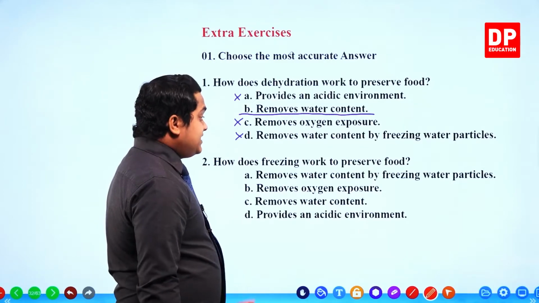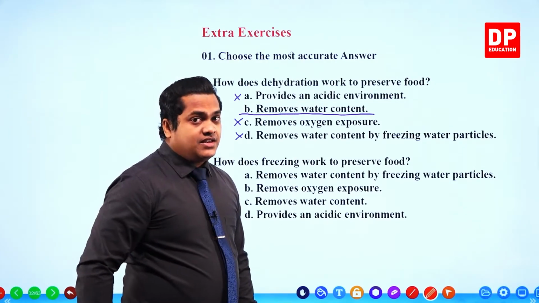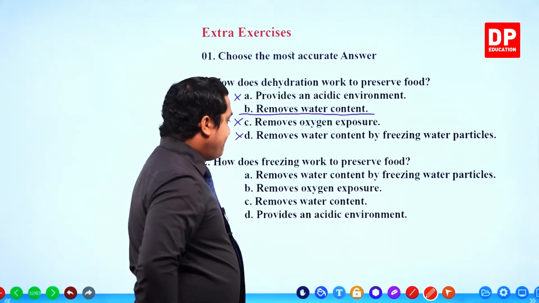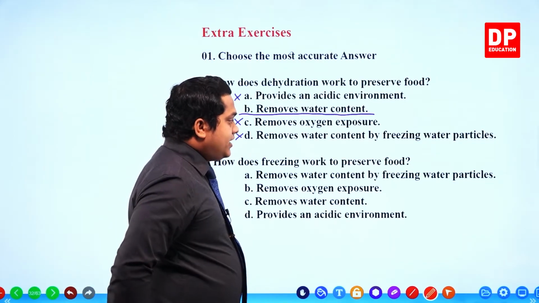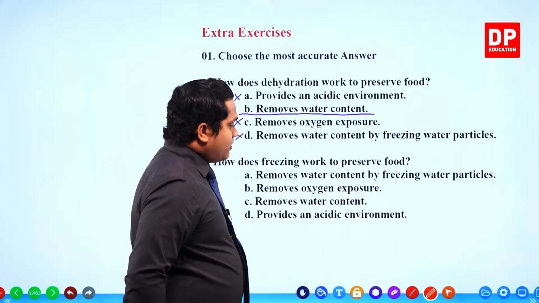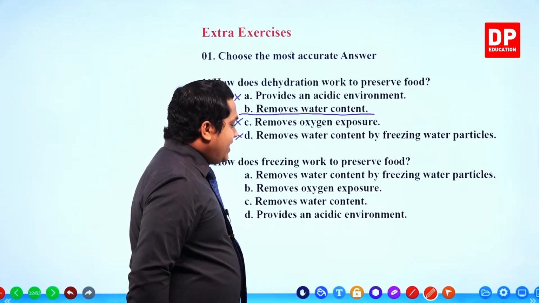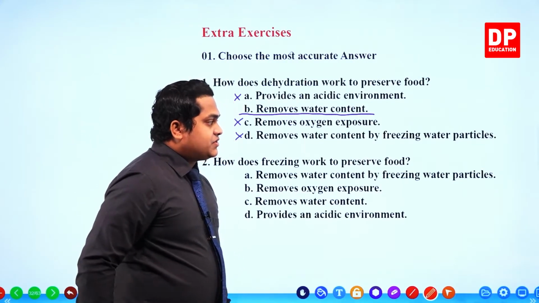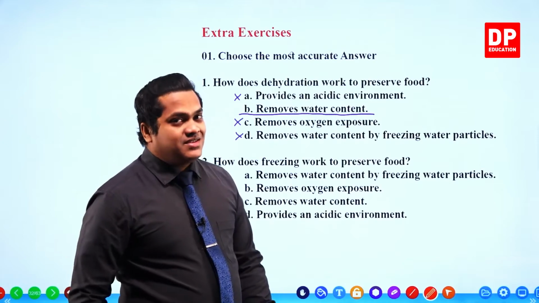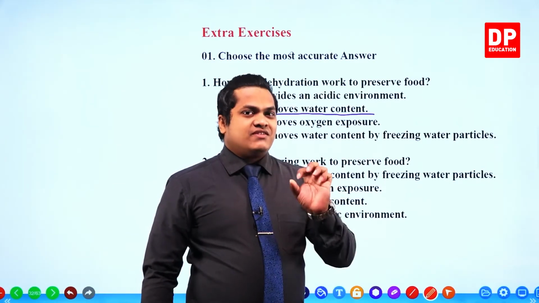How does freezing work to preserve food? Now the next question. How does freezing preserve food? Removes water content by freezing water particles. Removes oxygen exposure. Removes water content. Provides an acidic medium. So the same four answers can be seen in here, my dear children. But however, it removes the water content.